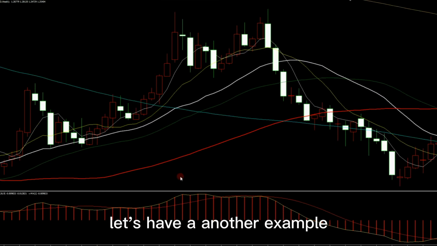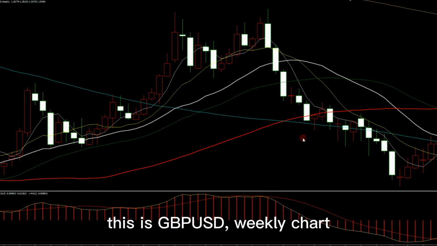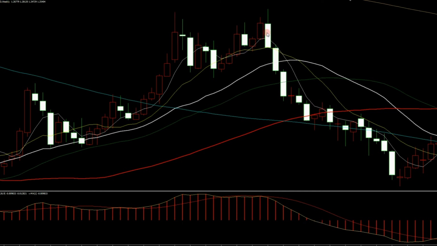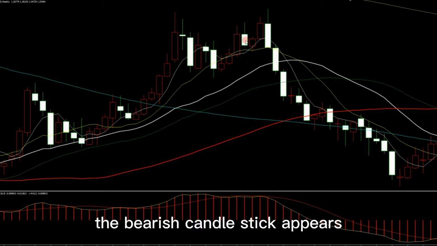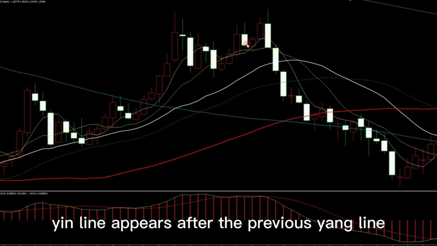Let's have another example. This is a GBP USD weekly chart. At this time, a bearish candlestick, an inline, appears after the previous yang line.